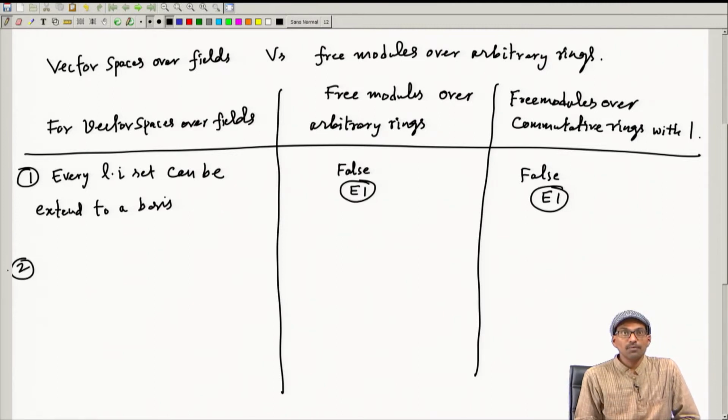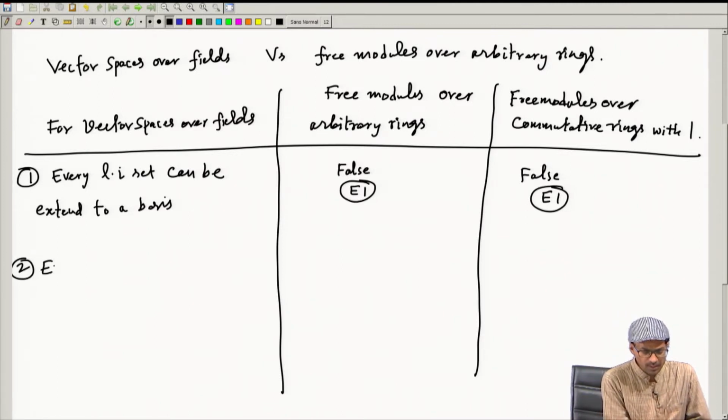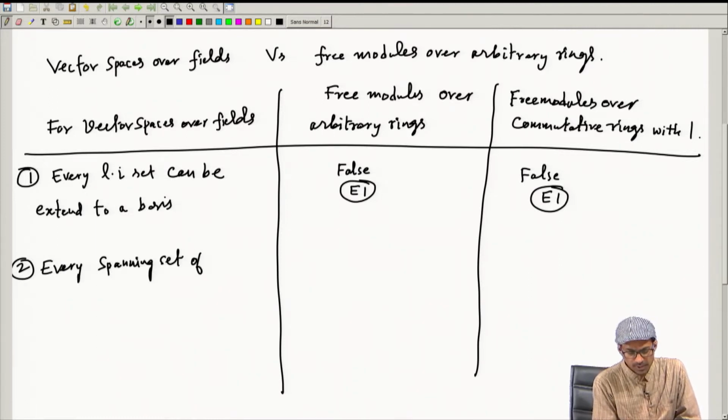The second property: every spanning set of a vector space contains a basis. Spanning set's another name is generating set.